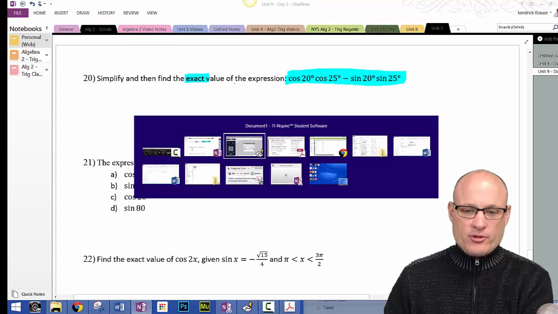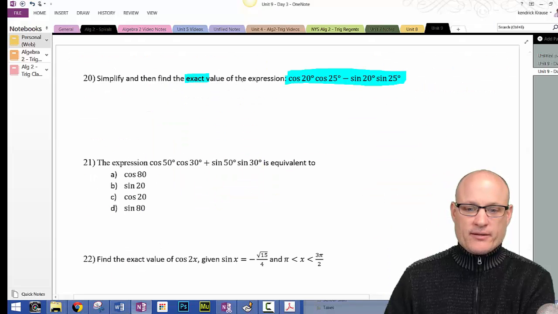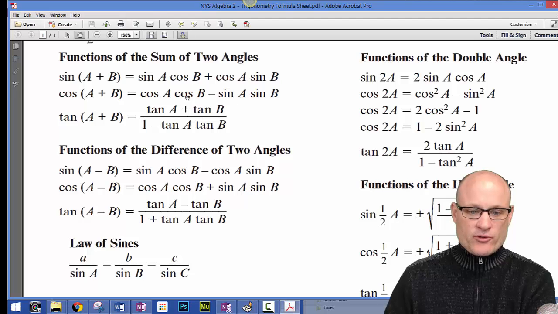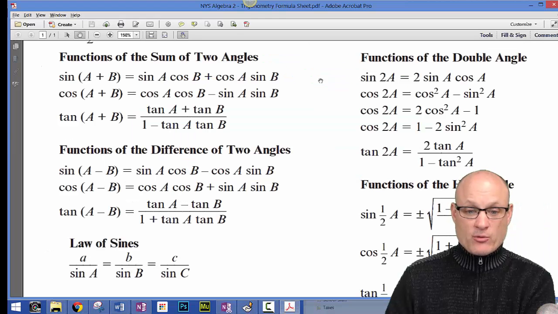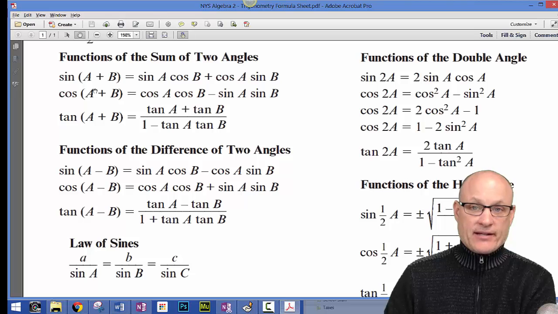So what I'm going to do is come over to my formula sheet and say, oh, wait, it's cosine, cosine, sine, sine. So that has to be the cosine formula. We're subtracting, and I remember that cosine works backwards. When I'm subtracting here, that's really adding the two angles.